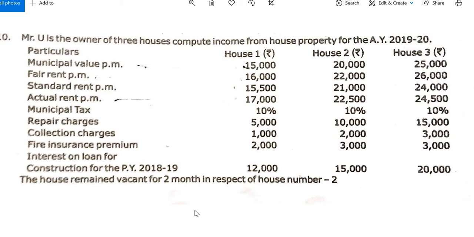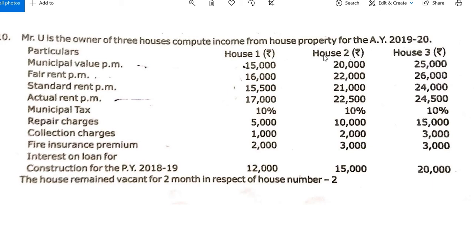Now they also said the house remained vacant for 2 months in respect of house number 2. That means for house number 2 they have given a vacancy period, so 2 months it is vacant, so it is a let out property. They didn't mention anything about any house, whether it is self occupied or let out.